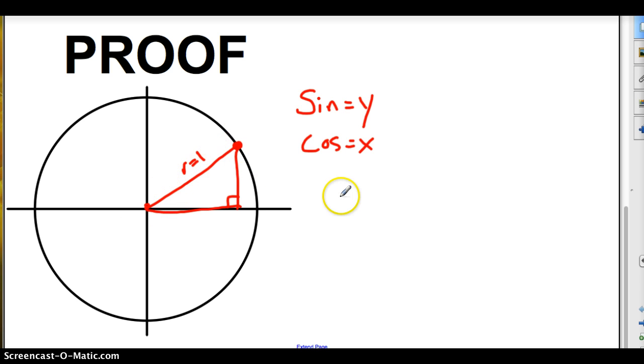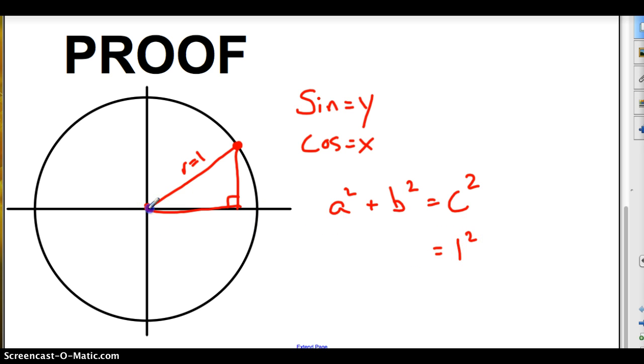I could just use the Pythagorean theorem, which is a squared plus b squared equals c squared. That will help me in a right triangle find any of the sides. Now what I know is this. I know that my radius, or my hypotenuse in this case, is equal to 1. So for c, I could just put 1 squared in there.